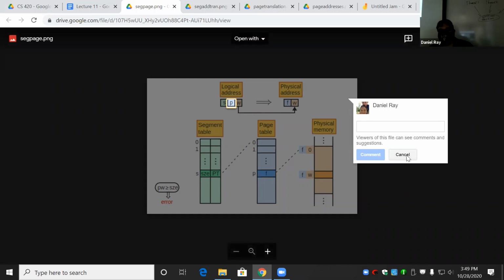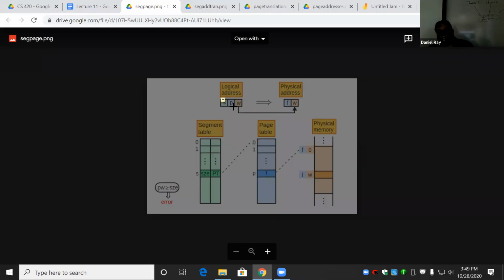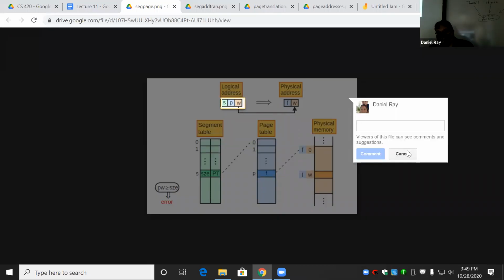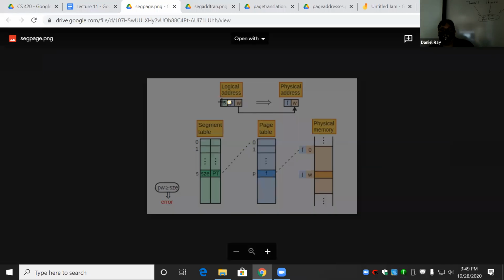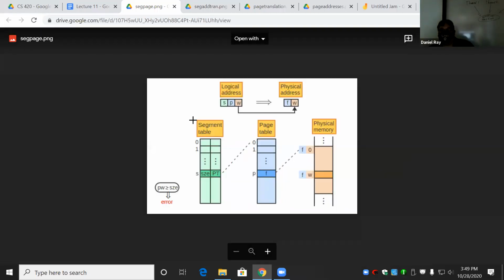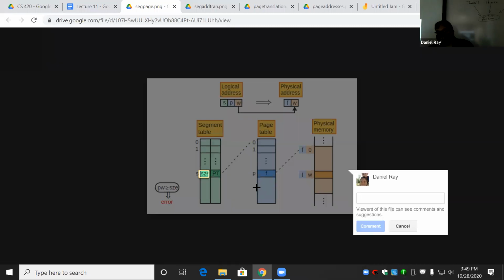okay? So when you have a logical address that is SPW, the first thing I do is I look up S in the segment table, okay? And I got size, just like before. It tells me the size of the segment, and it tells me the page table location. The page table, I hesitate to say address, but let's say index, okay?